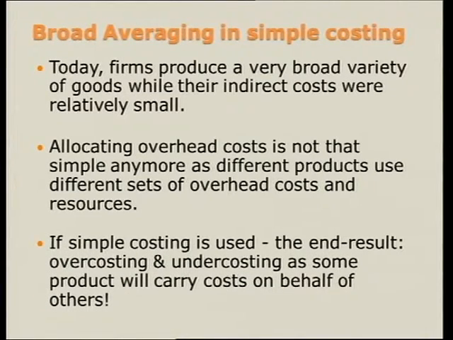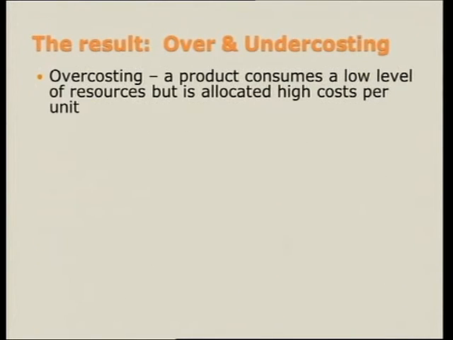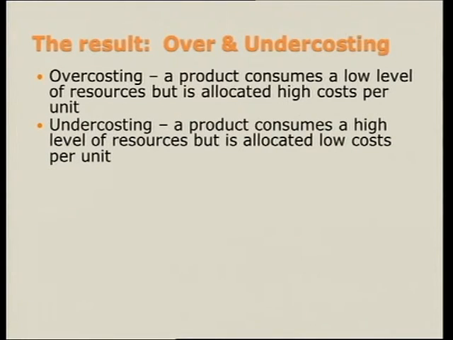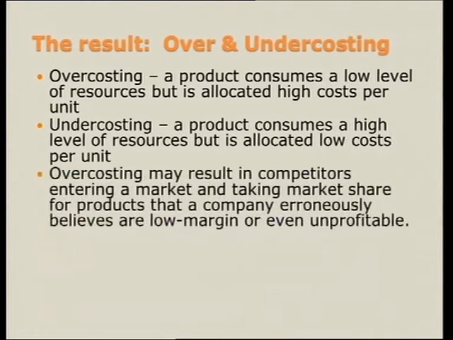If simple costing is used, the end result is overcosting and undercosting, as some products will carry costs on behalf of others. Overcosting: a product consumes a low level of resources but is allocated high costs per unit. Undercosting: a product consumes a high level of resources but is allocated low costs per unit.